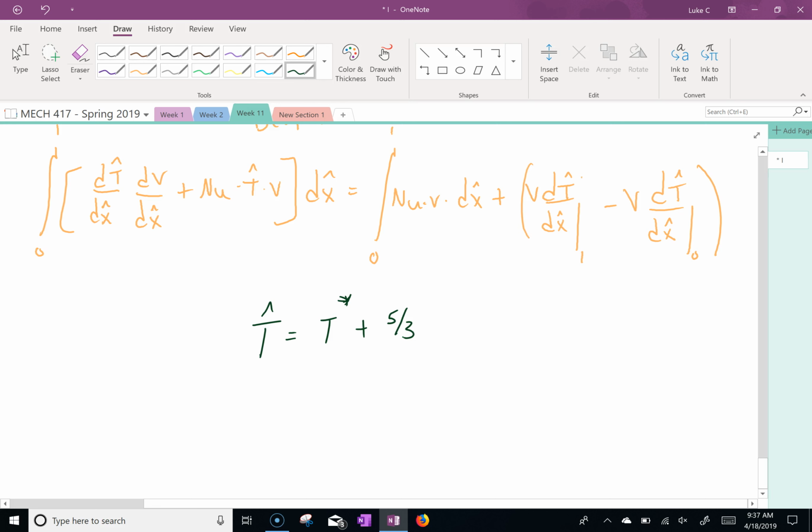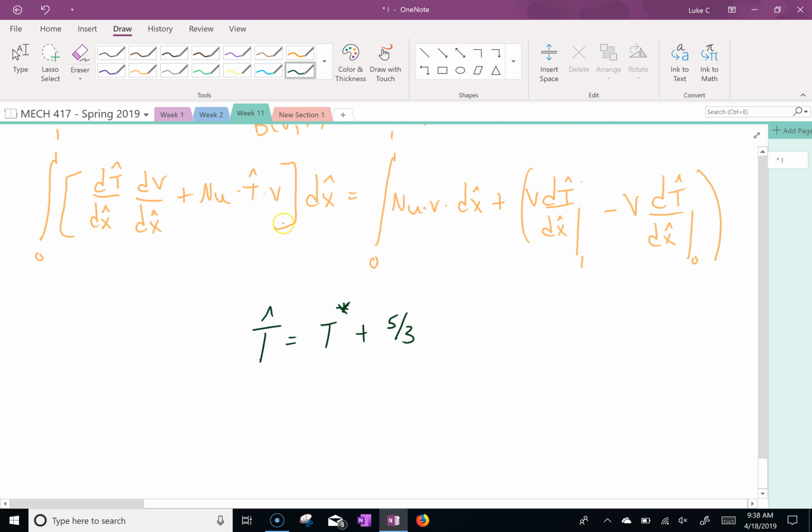And this becomes important because we're doing some boundary conditions and there's some rules about it. Don't worry too much about why, just, okay, this is what we're doing. All right? This is a T star. So the T star, T hat, we're going to replace with T star plus 5/3. And that 5/3 comes from the boundary condition. And so let's go ahead and plug that into the orange equation.